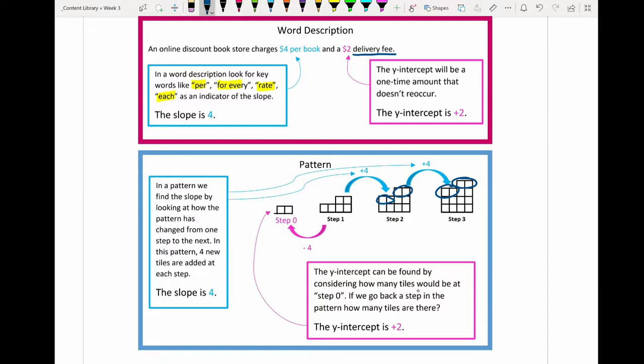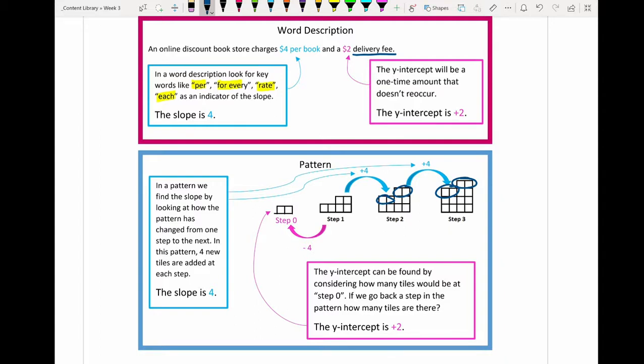To find the y-intercept, we need to consider how many tiles would be at step 0. Right? So step 0, remember, is our initial step, or our starting step. So sometimes we may have to go back a step. So in this case, we kind of just reverse the pattern.